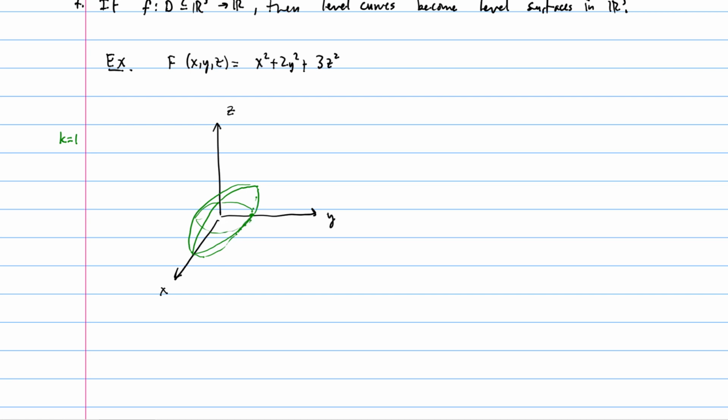And as you build up, say k equal 2, then what's going to happen? Well, you're going to get nested ellipses. It's going to look like, say, nested dolls or something. It's going to be hard to tell, right? But as you work your way out, these surfaces are going to work their way out as well.